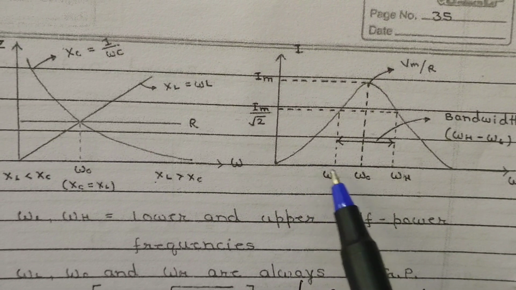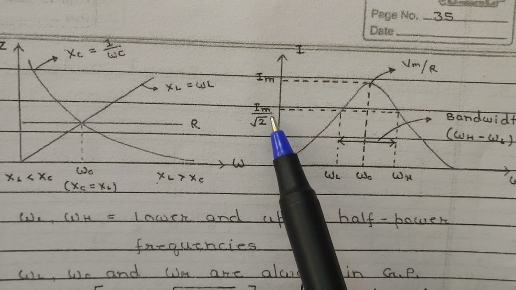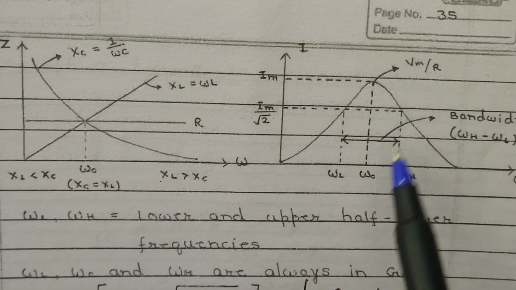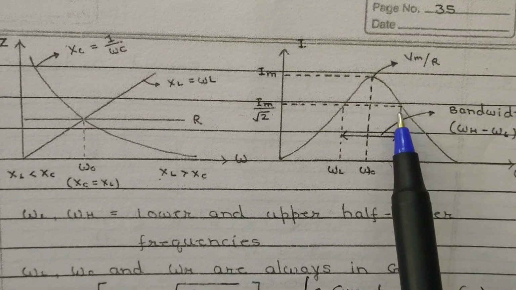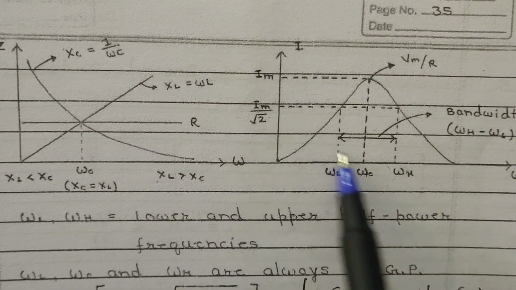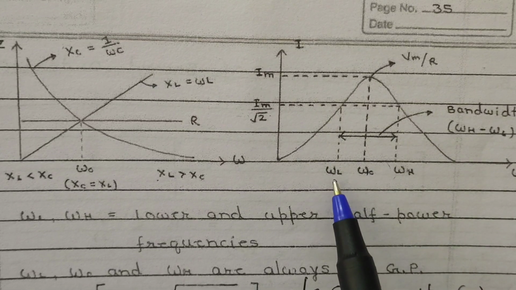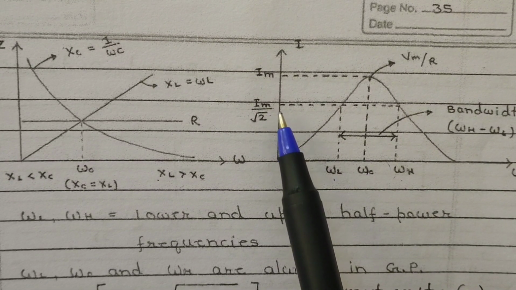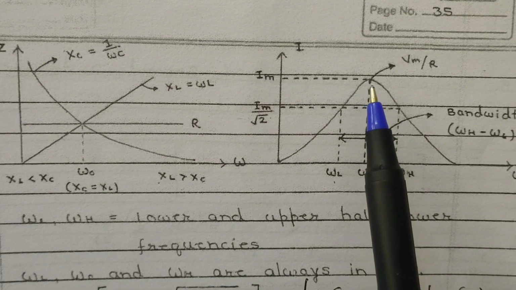At the lower half power frequency the current becomes Im by root 2, at the resonant frequency the current is Im, and at the higher half power frequency the current is Im by root 2. Later it gradually decreases to 0. So at the lower and higher frequencies the current is Im by root 2, and at the resonant frequency the maximum current is Im.